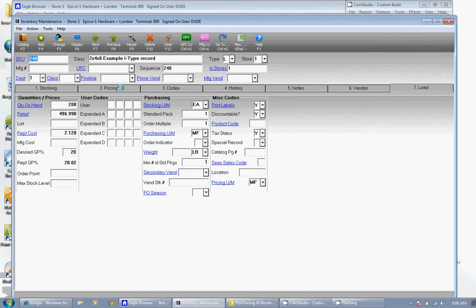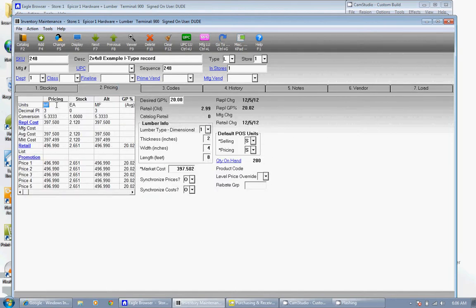So the best setup is to have this set up as each in the left-hand column, or the pricing column. And if we want to have the alternate unit of measure, we can have 1,000 board foot price there for purposes of point of sale. But that's really it. I think that's it for the moment.